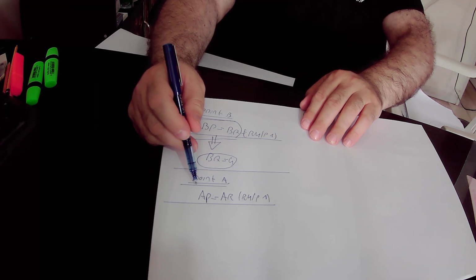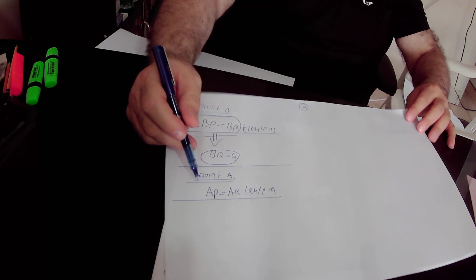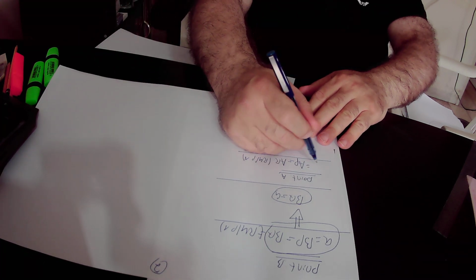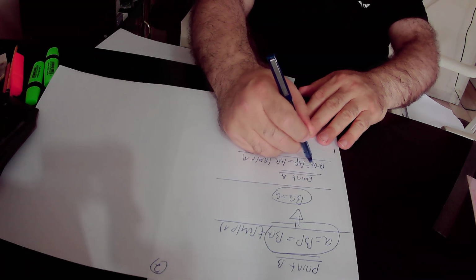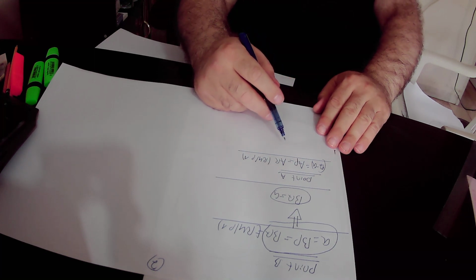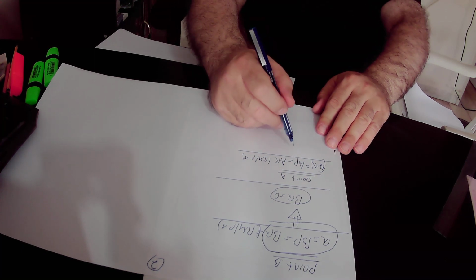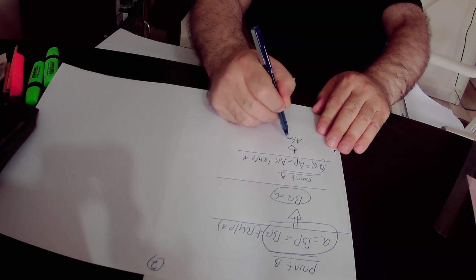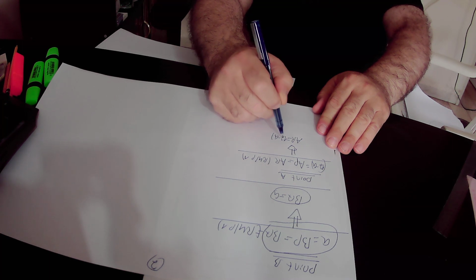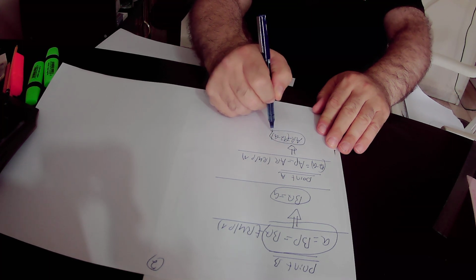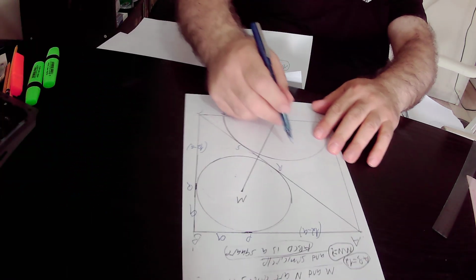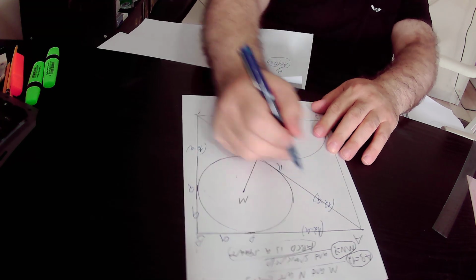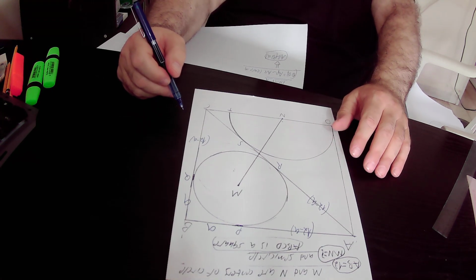But according to what we have already found out, AP equals 12 minus A. From this equation, 12 minus A equals AP equals AR, we will derive that AR is also equal to 12 minus A. Okay, AR is equal to 12 minus A units.